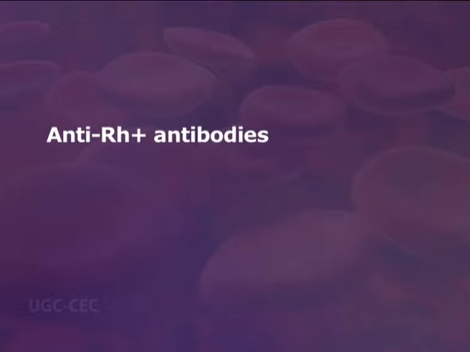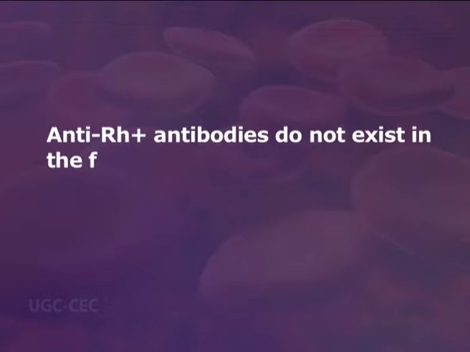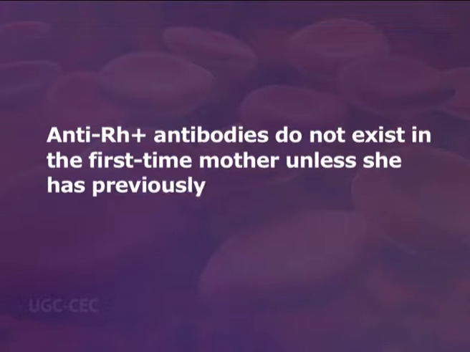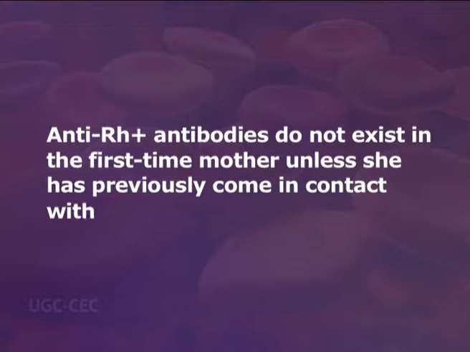Normally, anti-Rh positive antibodies do not exist in the first-time mother unless she has previously come in contact with Rh positive blood. Therefore, her antibodies are not likely to agglutinate the red blood cells of her Rh positive fetus.